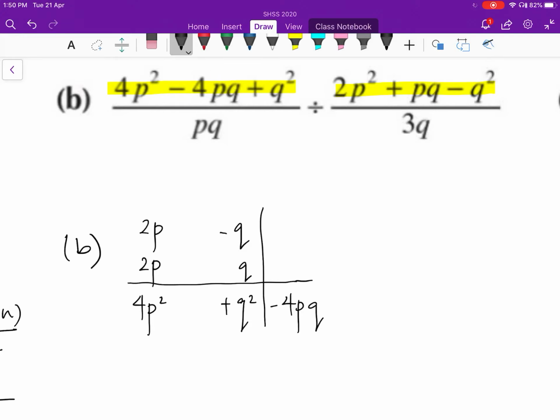I would do negative q times negative q to give you positive q squared. Now if I cross, I get negative 2pq and negative 2pq.